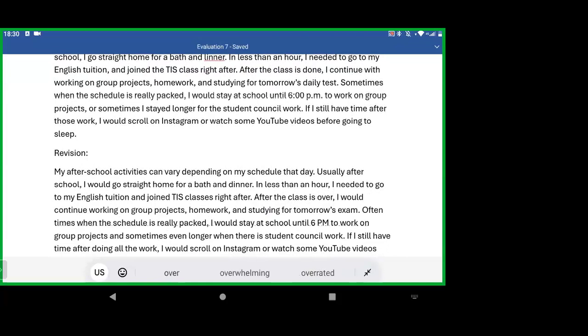I changed it a little bit: "I would continue working on group projects." I'm not sure if I should add the word "though." So we're just going to make this as concise as possible. After the class is over, I continue. I think you don't have to add the word "though."